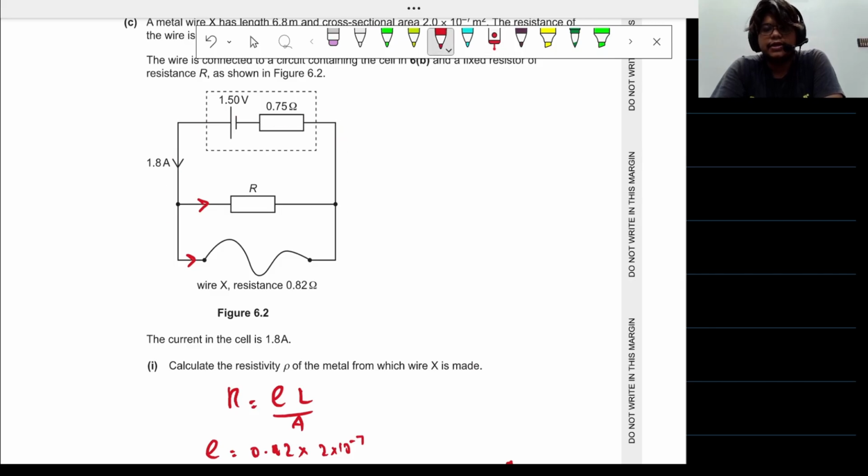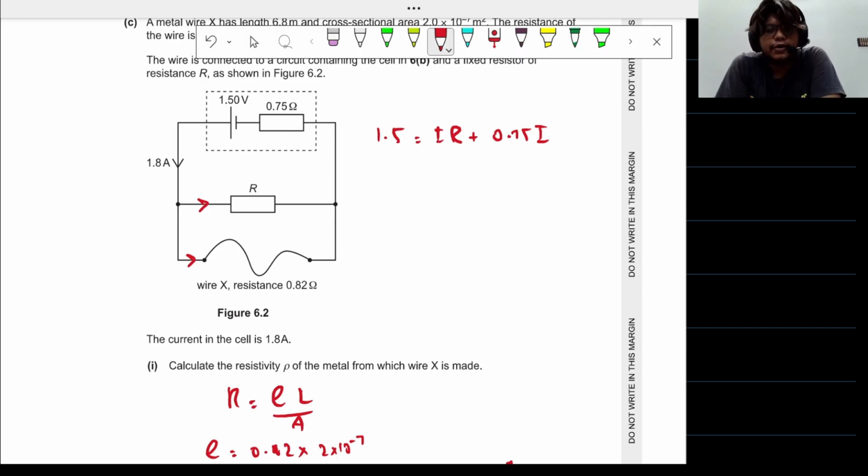If we apply Kirchhoff's law on this loop, we will have the EMF, which is 1.5, equal to the current, which we again don't know here, so this would be I into capital R plus 0.75 into I. This is the equation we have.